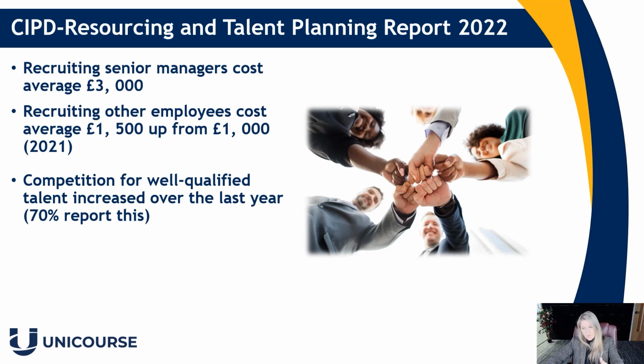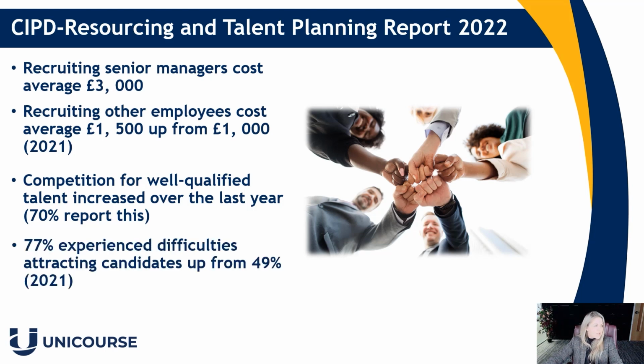So that's why it's really important when you're advertising to try and stand out from the crowd. 77% experienced difficulties attracting candidates, and that's up 49% from the year before. So, you know, benefits, and maybe they do need to be on the adverts, the benefits, the pay, what you can offer that maybe other organizations and industries can't.